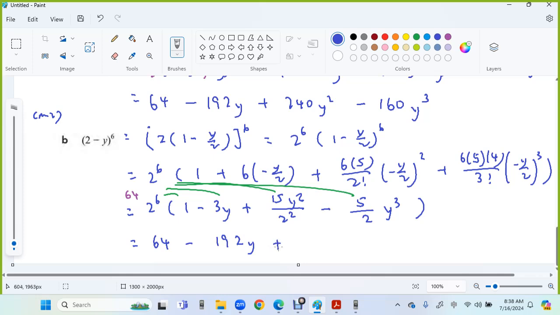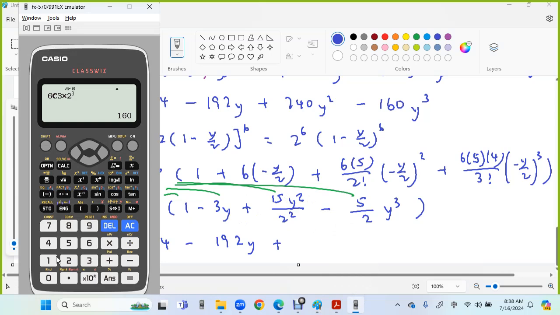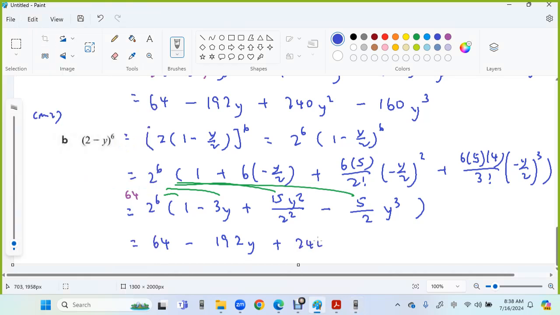And then plus 64 divided by 4 is 16, 16 times 15, which I calculate with a calculator, is 240y squared. And then 32 times 5 is 160y cubed. We get the same answer also.